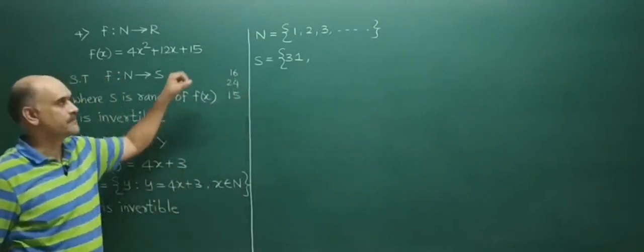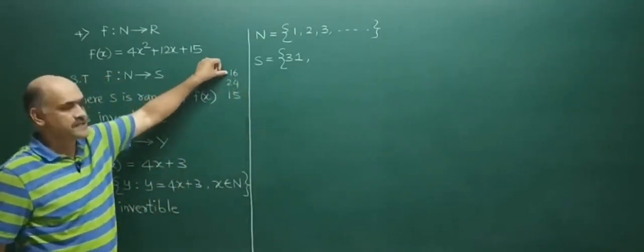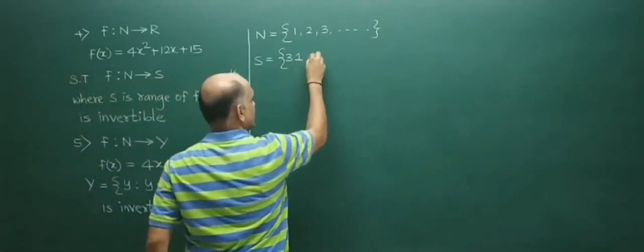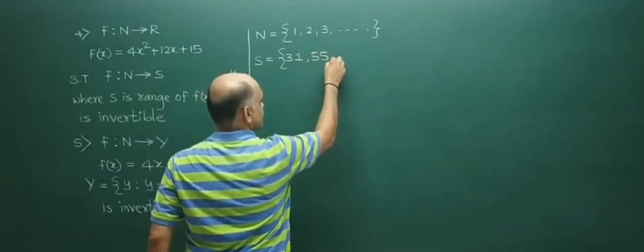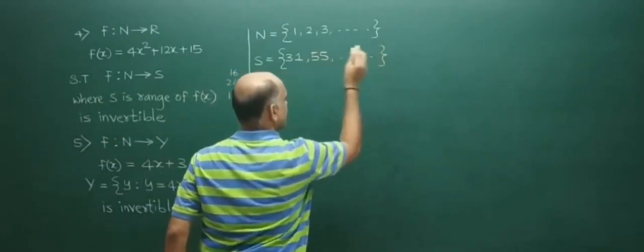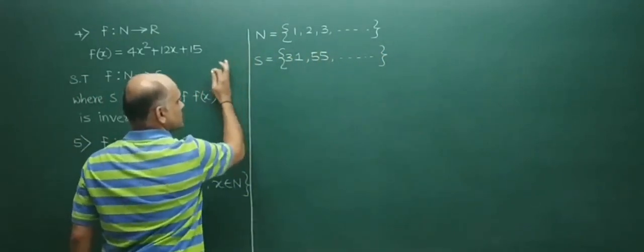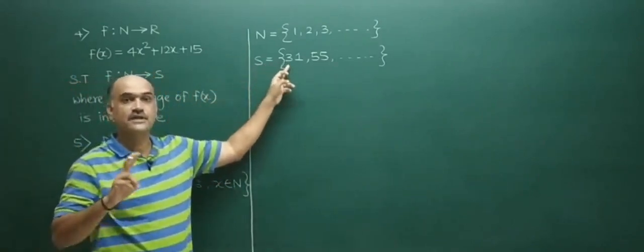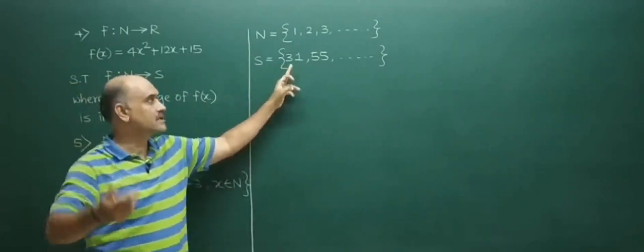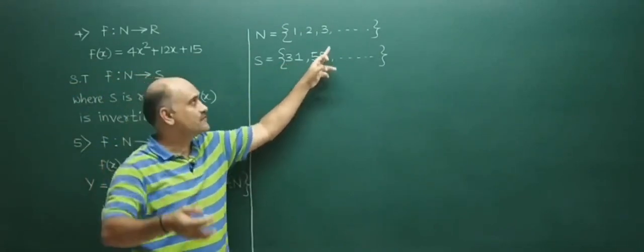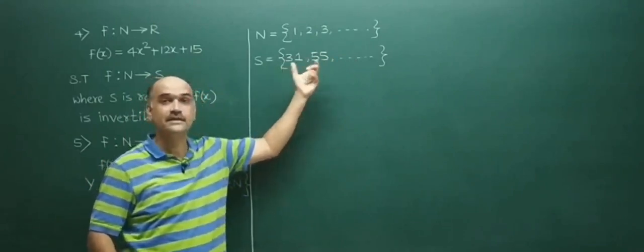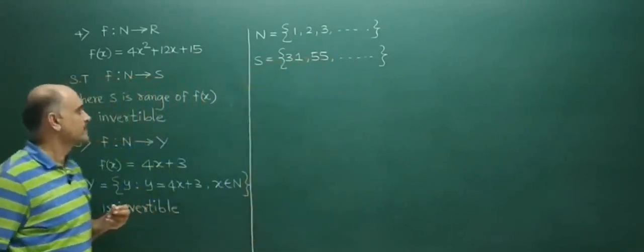You add this: 24 plus 16 is 40, 40 plus 15 is 55. Similarly, you can substitute 3 and you will get the third term, and so on. So in S, the first term will be 31, the next term will be 55, and if you substitute 3 and find, it will be the third term. You will not have in-between terms in S.